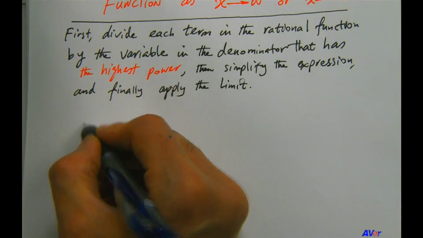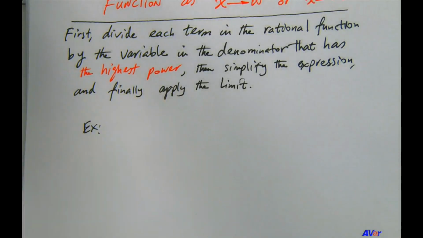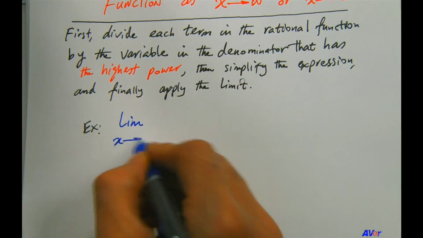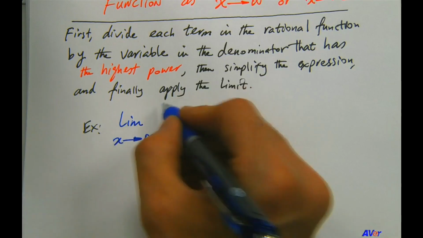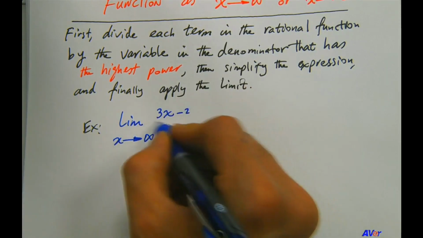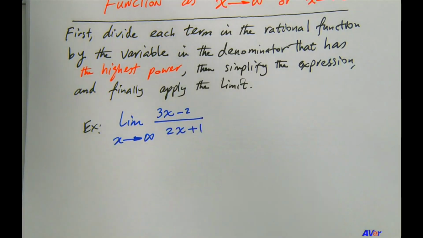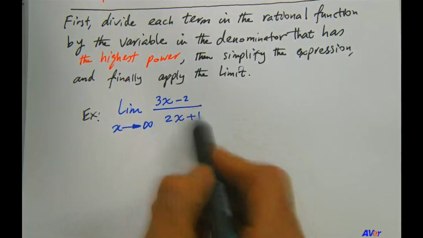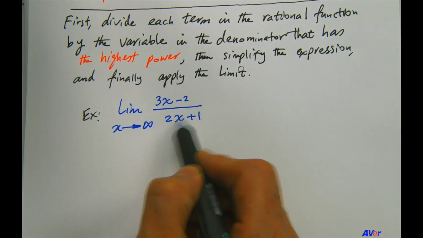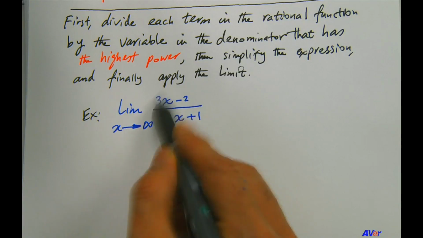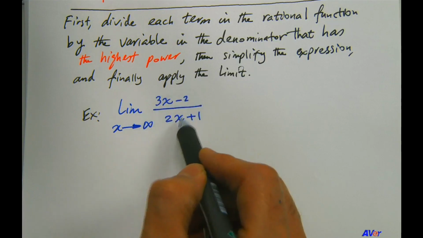So suppose we have this example where we want to find the limit of some function as x approaches positive infinity, and the function is 3x minus 2 over 2x plus 1, right? Pretty easy rational function. Now, if you look at the denominator, the highest x term is this one, x to the first power. So we want to divide every term in this rational function by x.